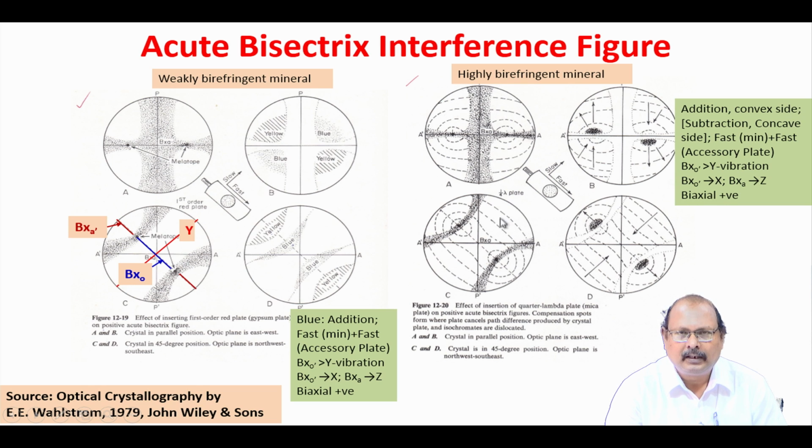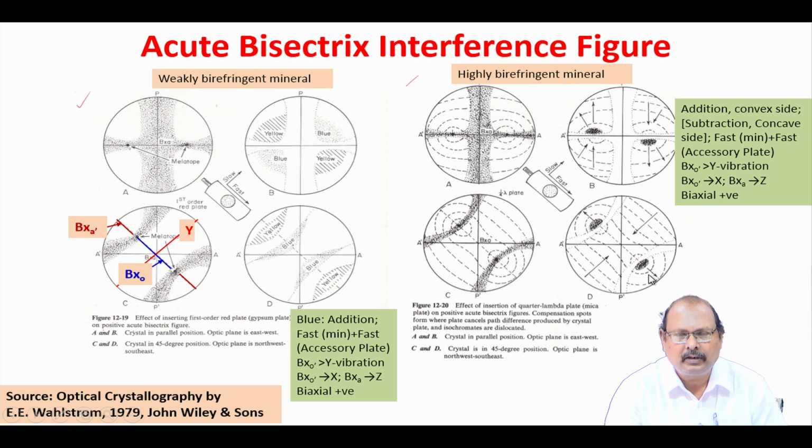Now, in this case you have to insert the mica plate. If you see after insertion what happens, you just see the sense of movement of the isochromes. If you see that the isochromes are moving towards the center, that means in the convex side you have an additive effect here.